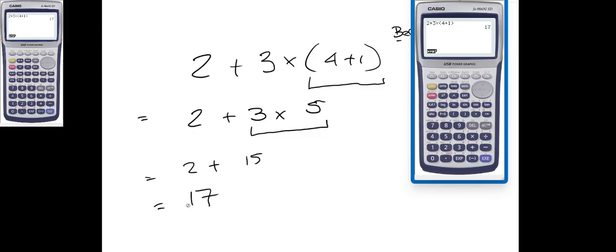Be careful. Casio calculators are pretty good. Some other less good calculators might not know BEDMAS all that well. Just a little poke on the chin there.